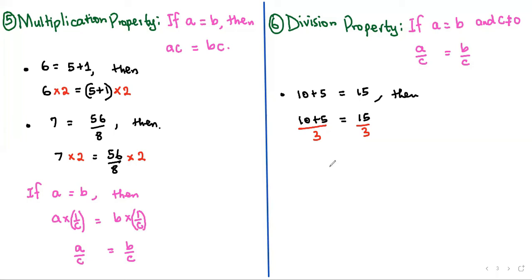Okay. Now, let us see how these properties can be used to simplify solving linear equations in one variable. How can they make it easy for us to get the solution of the linear equation?